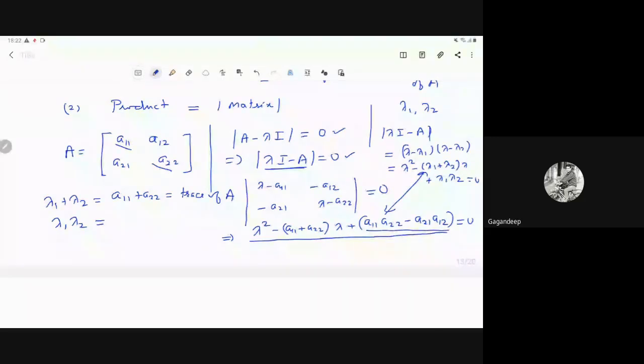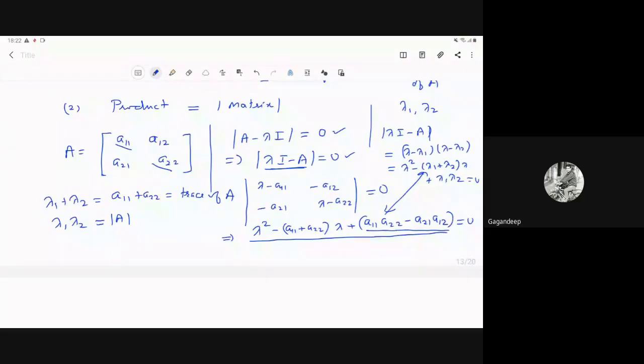Is it determinant of A or not? Yes. So you are easily able to verify both these properties: the sum of eigenvalues is trace of A and the product of eigenvalues is determinant of A.